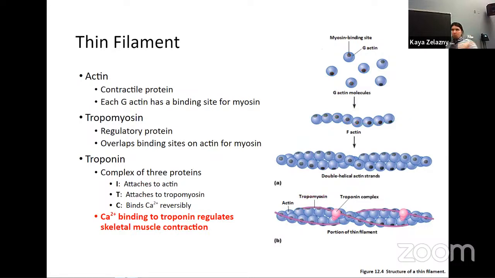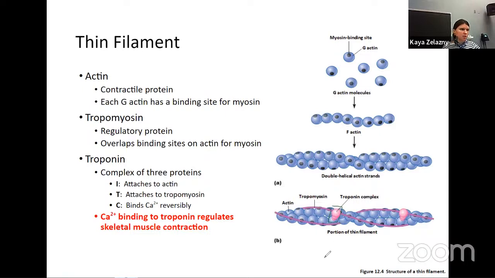But when you do contract, you want your actin and your myosin to work together. You do want to bind them together. You want to let them pull on each other. So you're going to need to uncover those binding sites. That's the role of this little upside down snowman called troponin.